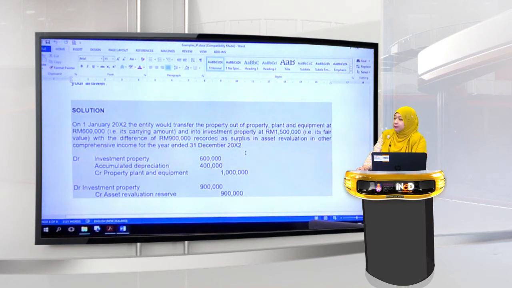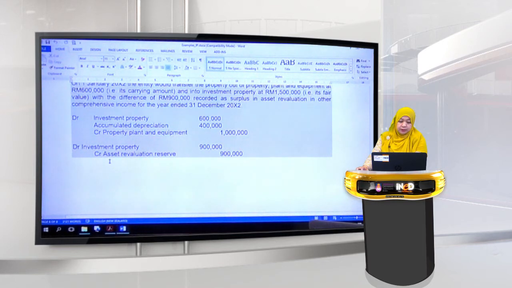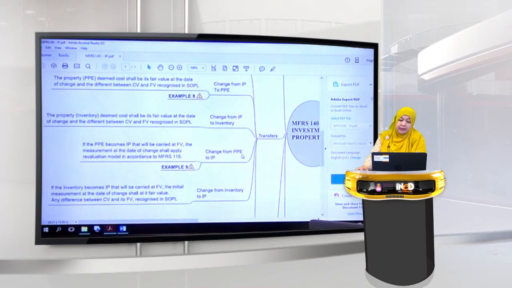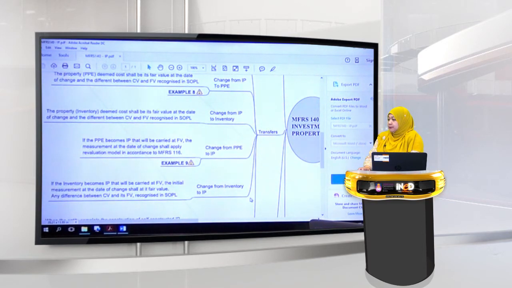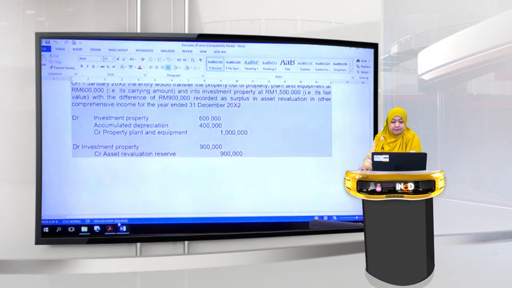So we debit investment property 600,000, we debit accumulated depreciation 400,000, and we derecognize the property, plant and equipment 1 million. Then in your investment property, you will debit investment property 900,000 and credit your asset revaluation reserve 900,000. So this is the treatment that you need to do when you change from property, plant and equipment to investment property.